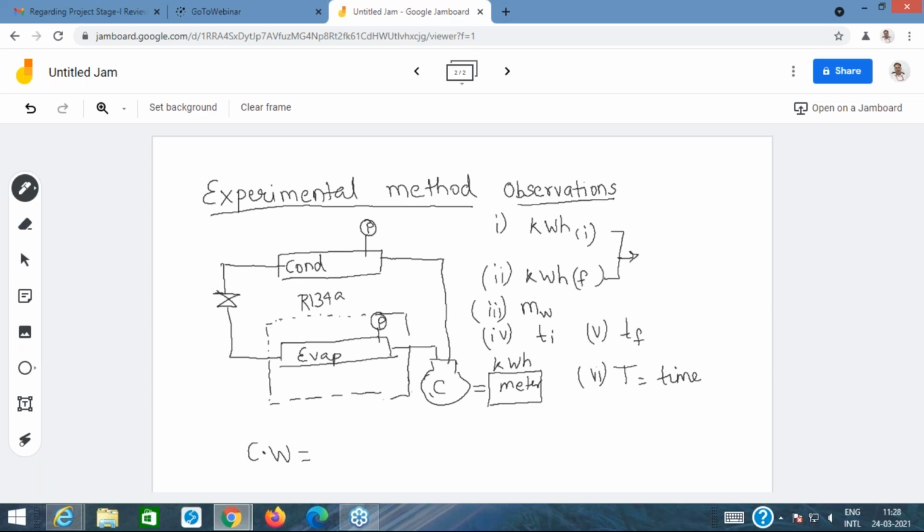time, or it could also be determined from the energy meter constant, wherein the energy meter constant is nothing but how many rotations of that disk, if it is a disk type of energy meter, or if it is a pulse type of energy meter, how many pulses are required for that energy meter to record 1 kWh of energy.